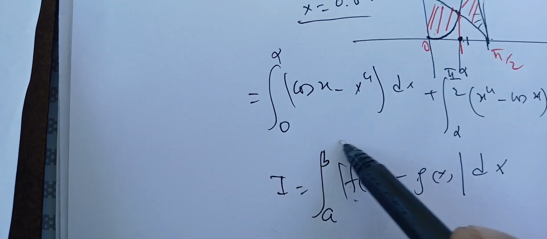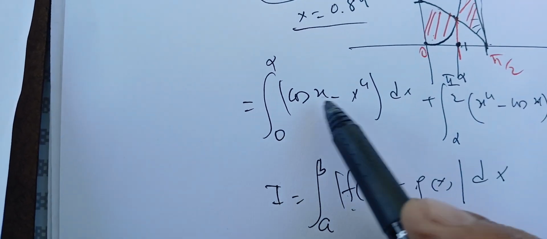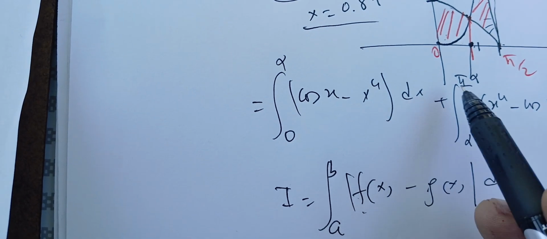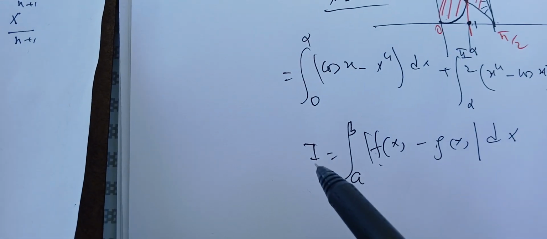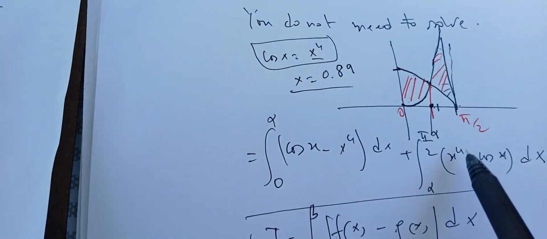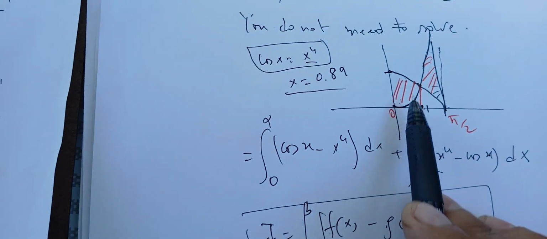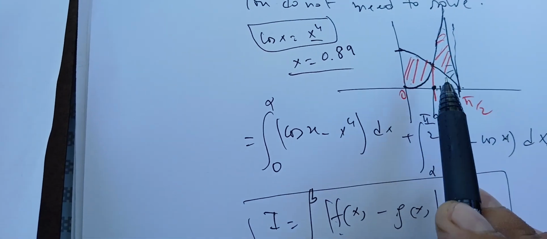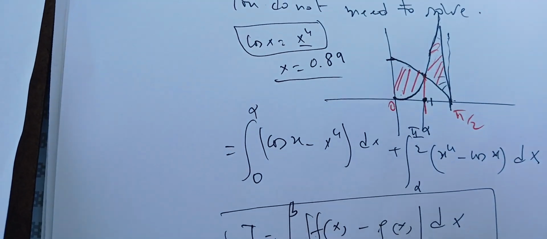We can evaluate this one using a calculator. We know the primitive of cosine and of x to the power 4, and the key idea is to apply this rule when you have this switch of signs between f and g. This is the aim of the video, to make you aware of this situation.